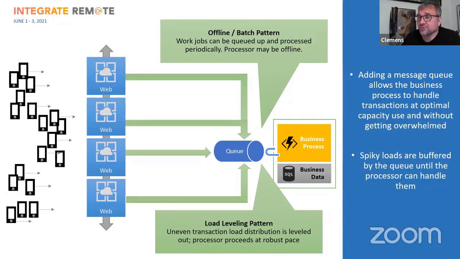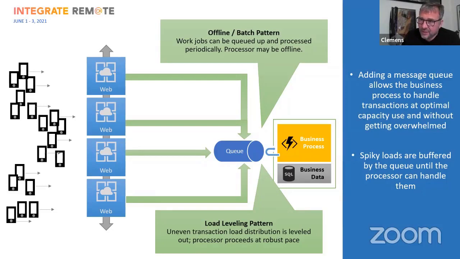Or you can also choose to let messages queue up for a while and then only bring the business process online for a particular period of time and then shut it down again, and effectively use the queue as the foundation for a batch processor.